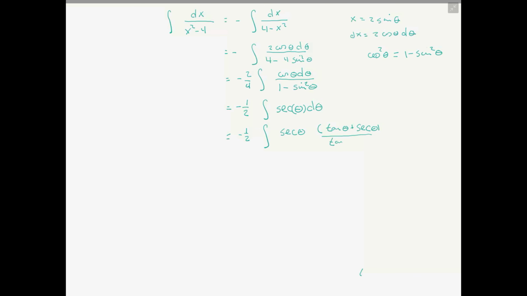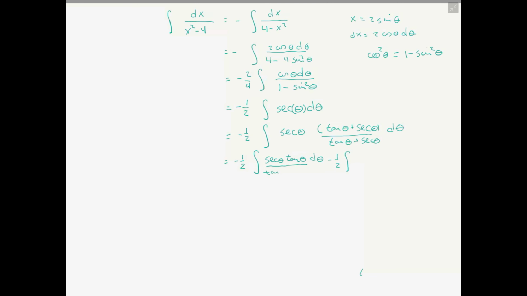So let's multiply the numerator and the denominator by -1/2 secant theta times tangent theta plus secant theta over tangent theta plus secant theta d theta.